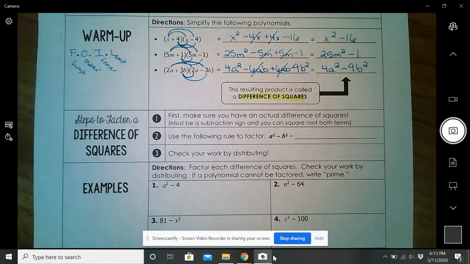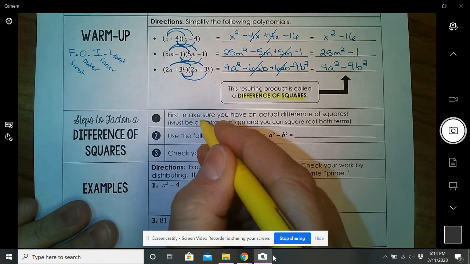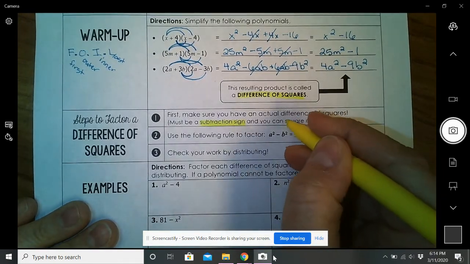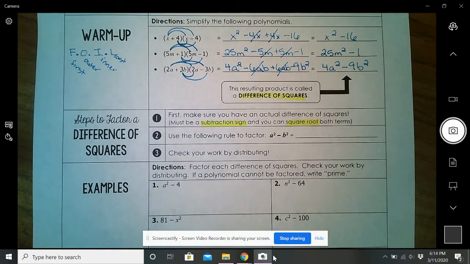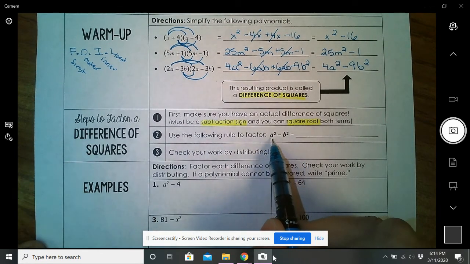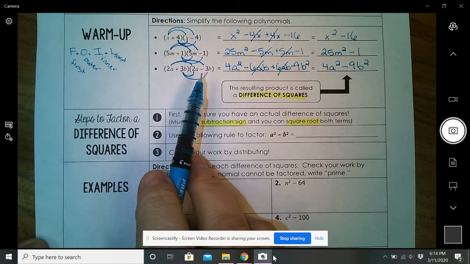Step 1. First, make sure you have an actual difference of squares. There must be a subtraction sign, and you have to be able to square root both terms. That's very important. So here's the pattern that's going to happen. If you have a subtraction sign and you can square root both terms, look at the pattern from our original setup.